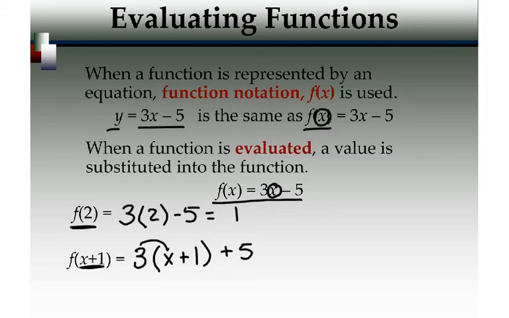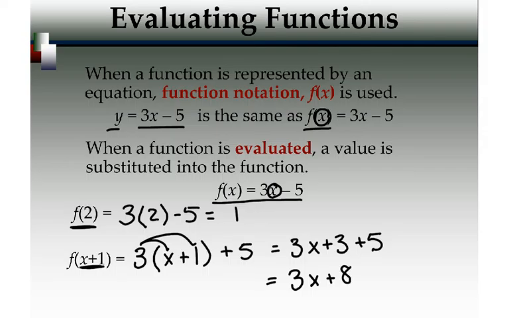So simplifying that, you have to distribute. And after you distribute, you can get rid of the parentheses. And then combine like terms. And then we're done, because that's as simple as it gets. So f of x plus 1 for this function is equal to 3x plus 8.